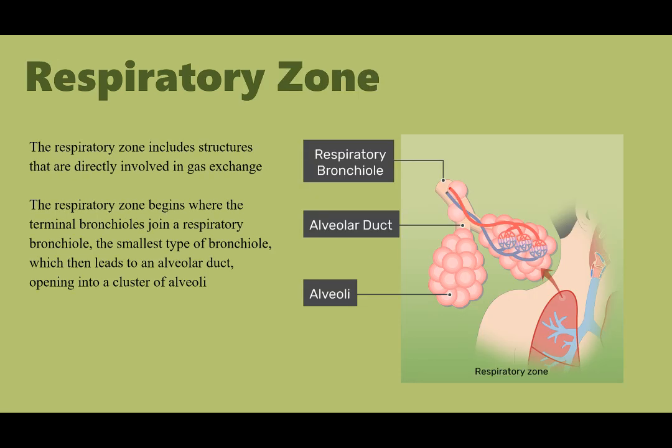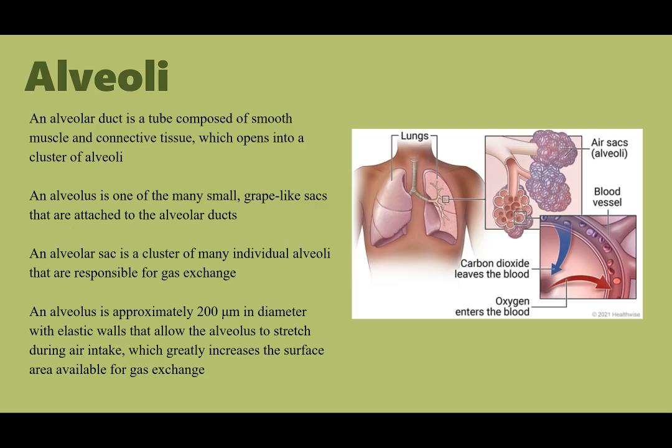So if you look at the right picture, you can see that the alveoli is always not the individual. It has a cluster of alveoli. So what is the name of the cluster of alveoli? What is the name of the group of the alveoli that is attached closely to each other?